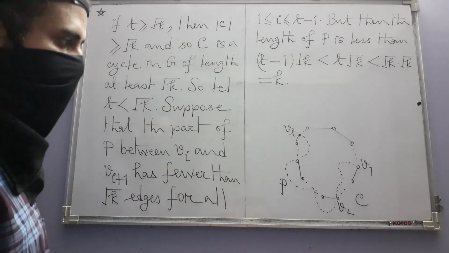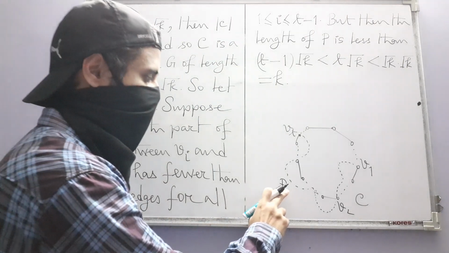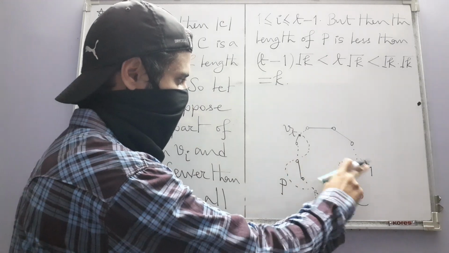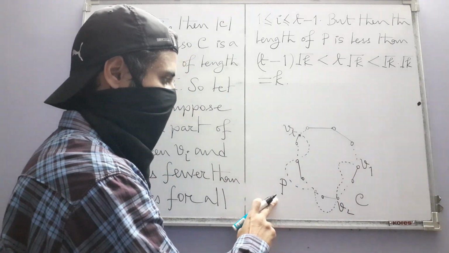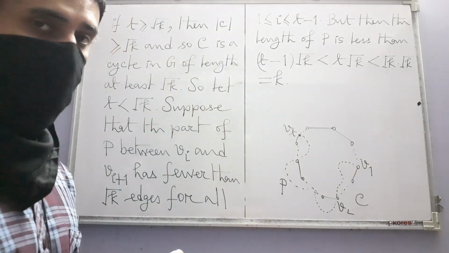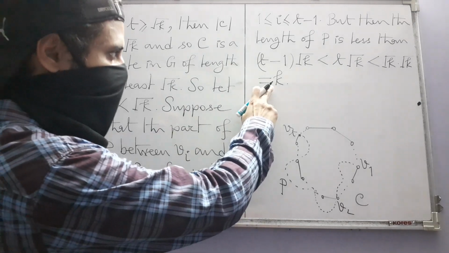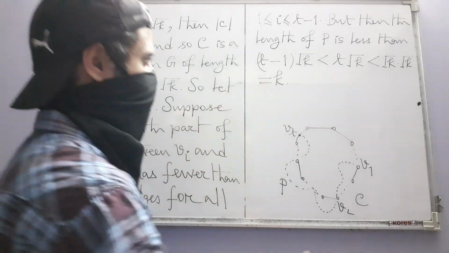But that directly contradicts the hypothesis that P is a path joining v 1 and v t whose length is at least k, that is, greater than or equal to k. But here we have found exactly the opposite thing.